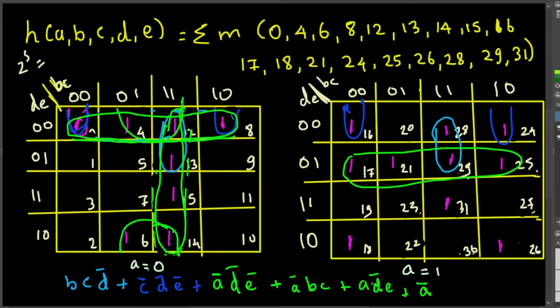A is 0, so I have to do complement. And BC, B is changing, B is going from 0 to 1, so it is eliminated. C is 1, 1, so C is going to be there. And then D is changing from 0 to 1, so D is eliminated, and E is 0, 0, so E is going to be there. Since E is 0, I have to do a complement for it.